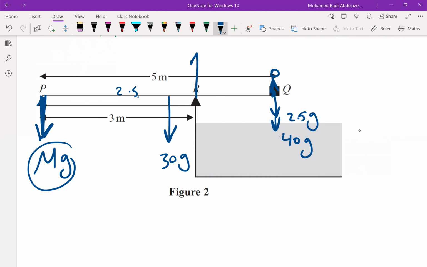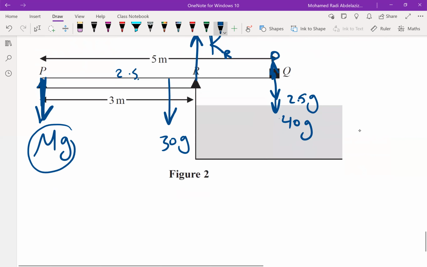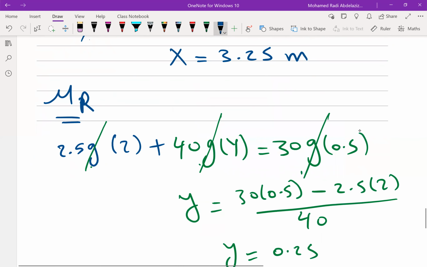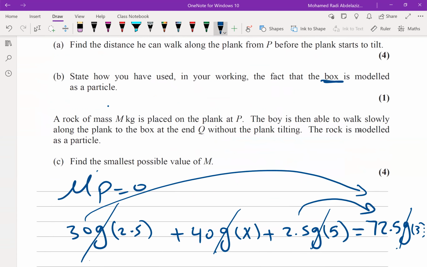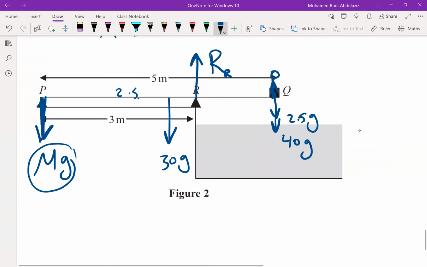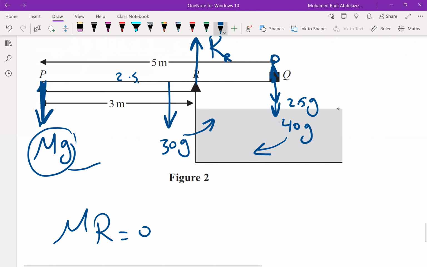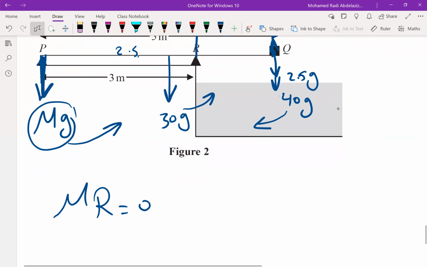And still we have here a normal reaction at point R. He asked to get the minimum value, in part C, find the smallest possible value of M. If we try again now to get the moment at R equal to 0, we have this part clockwise and this part anti-clockwise. So the clockwise is equal to anti-clockwise.